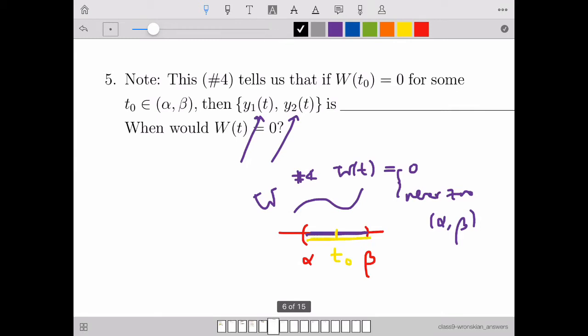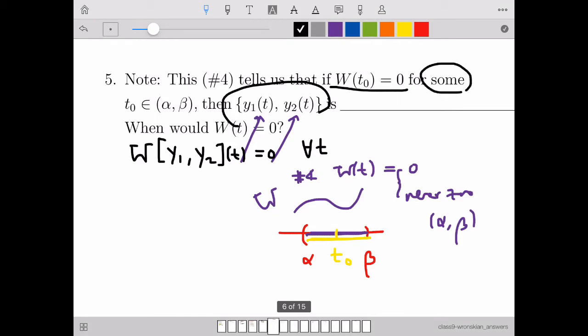That means the Wronskian of y1, y2 at t is 0 for all t. This means this set is not a fundamental set of solutions.